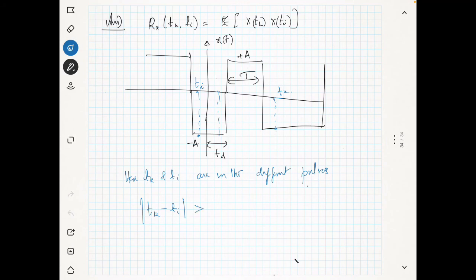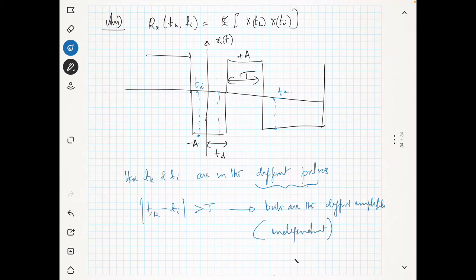If this is greater than this t, then both are in different pulses, both have different amplitudes, or you can say that they are independent.